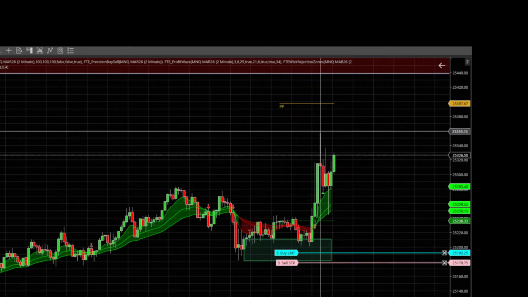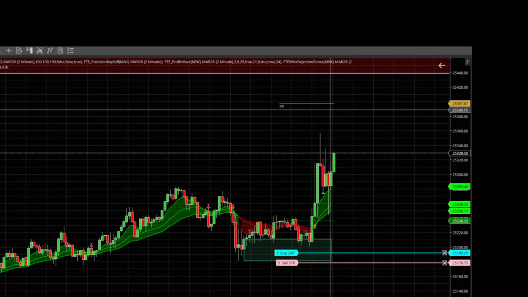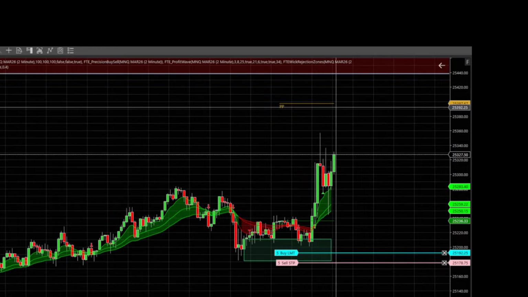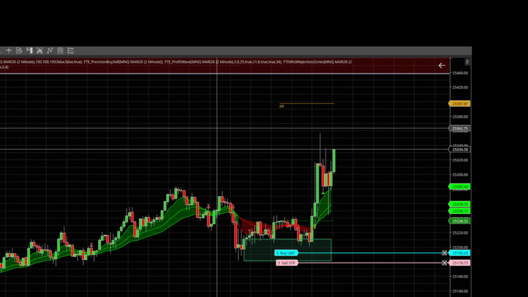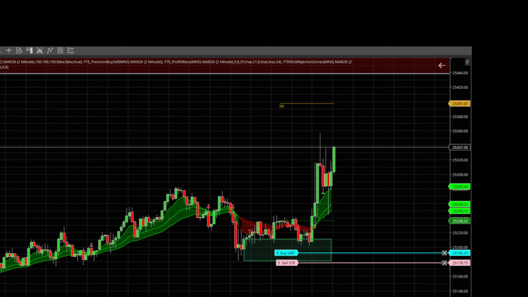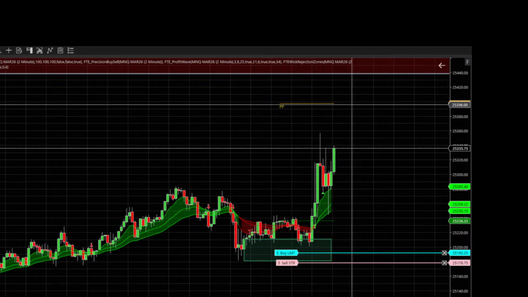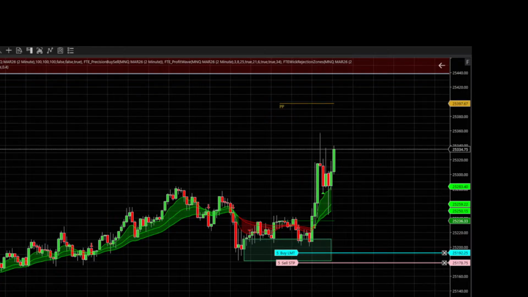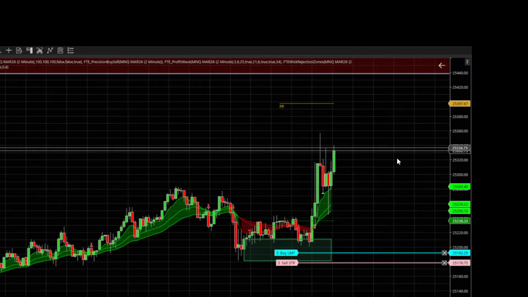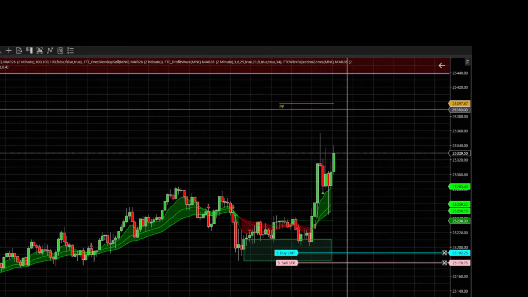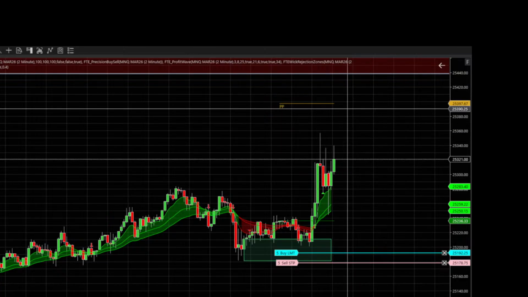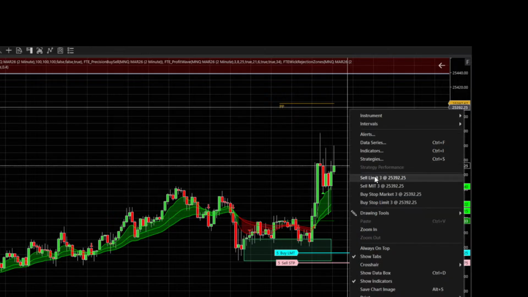If we take out this long wick right here, it's going to snap to the golden pivot more than likely. So I'm going to put in an order, because if this breaks that wick, it's going to snap up here pretty fast. I'm going to put an order in up here.